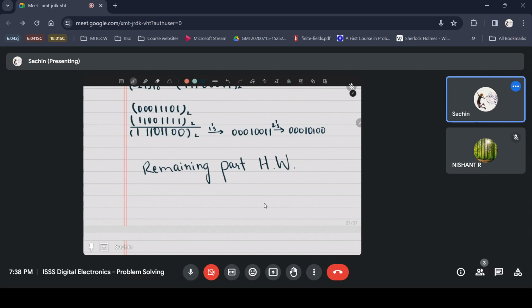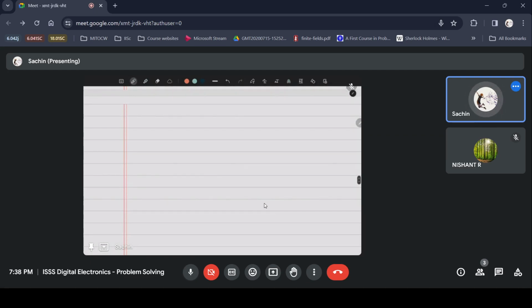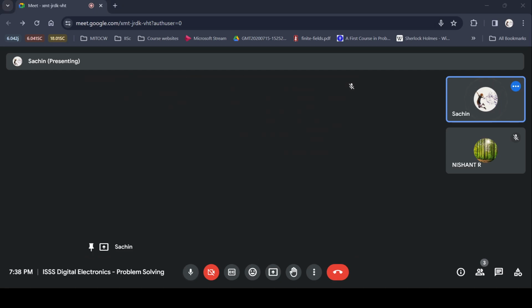So finally, there is some more portion left when you talk about number systems that you need to know if you want to build circuits using digital electronics, and that is binary codes.